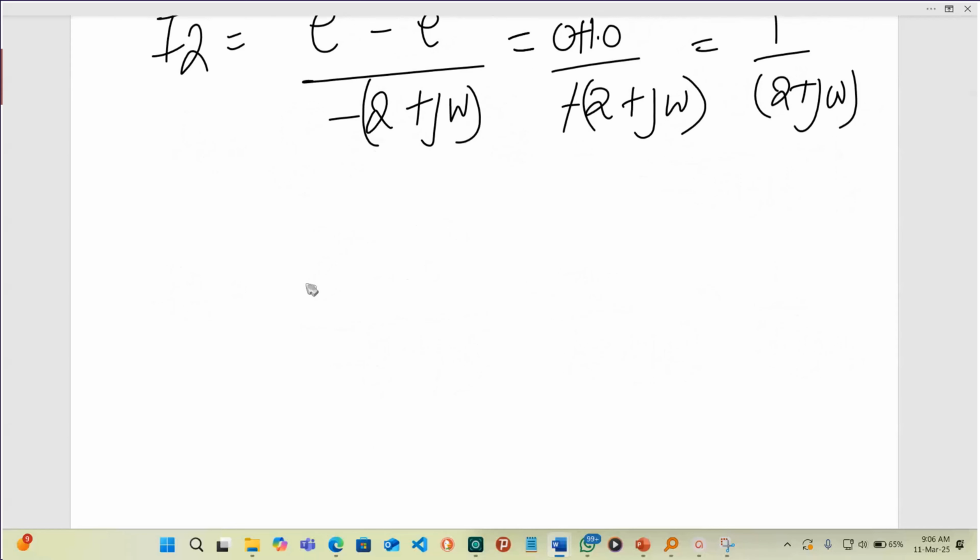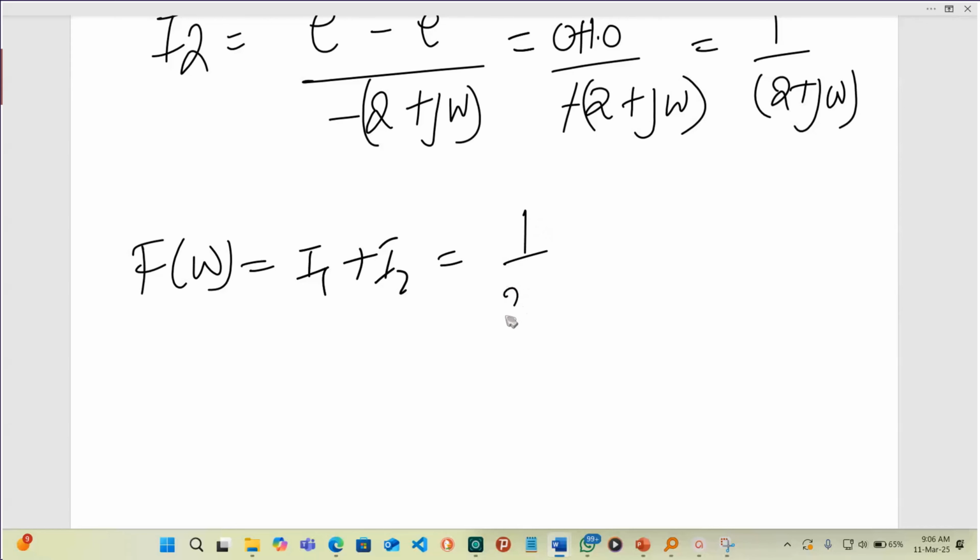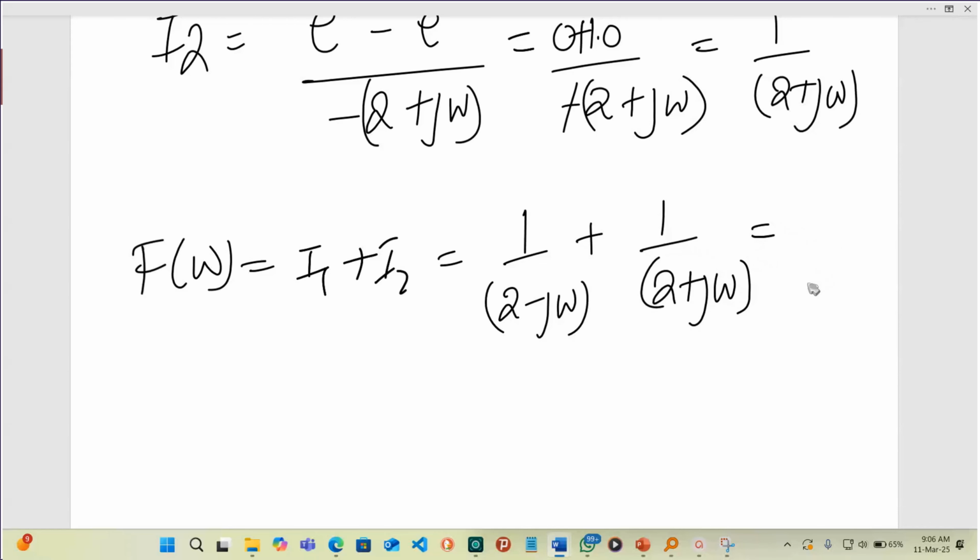So the solution F of omega will become I1 plus I2, and this is the same as 1 divided by 2 minus j omega, plus 1 out of 2 plus j omega. This becomes (2 minus j omega) times (2 plus j omega) in the denominator, and in the numerator 2 plus j omega plus 2 minus j omega.